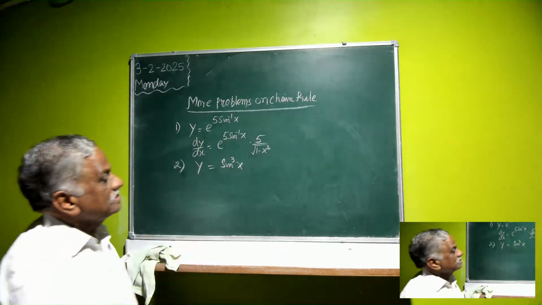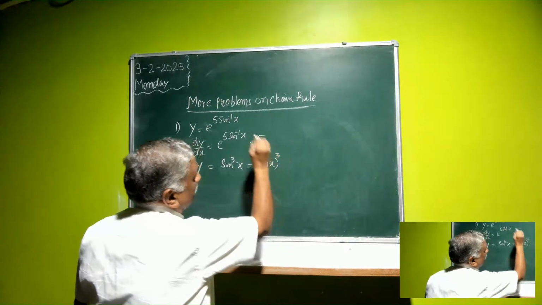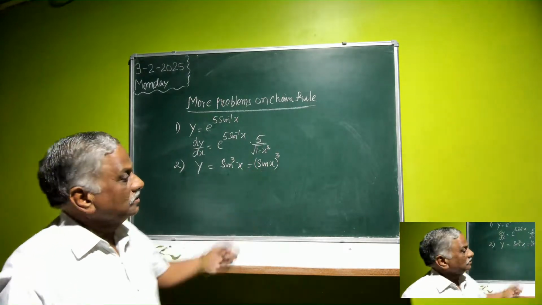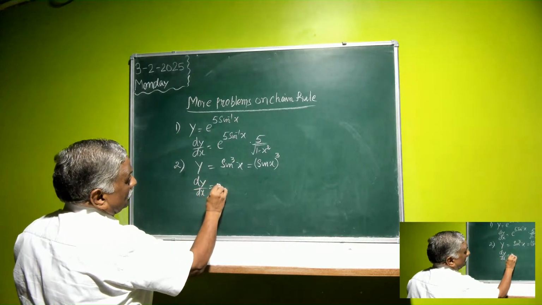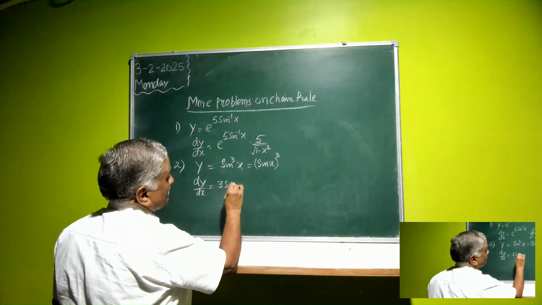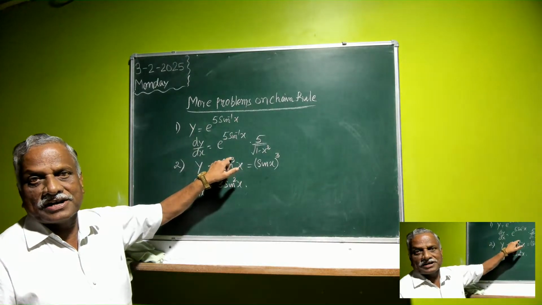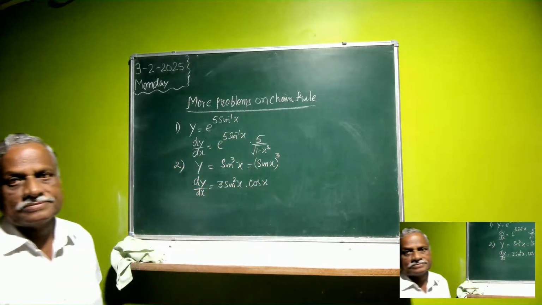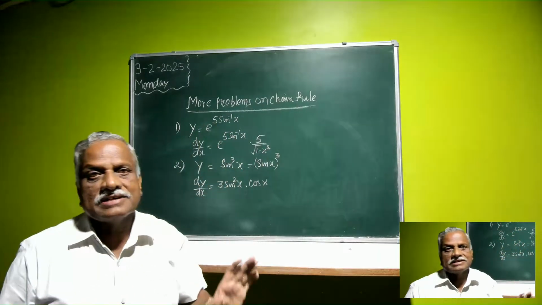Whereas here, this is nothing but sine x whole cube, so something like x cube or u cube. When you differentiate, u cube becomes 3u square, so 3 sine square x. Now the power is differentiated, then you differentiate sine x, which is cos x. So you should make out these two differences. Here, 5 e power 5 sine inverse x: 5 sine inverse x is not a power.